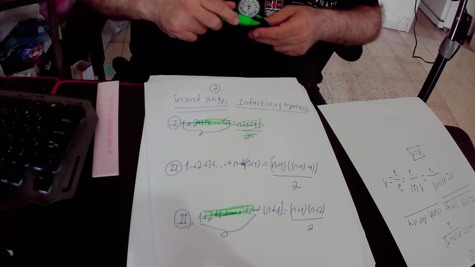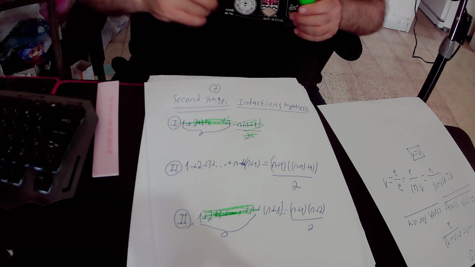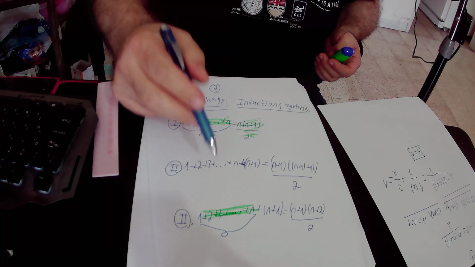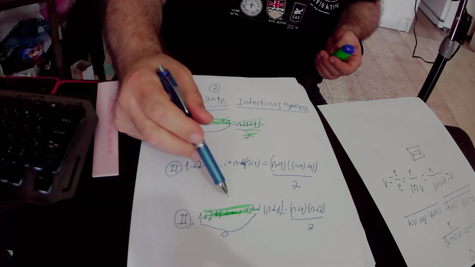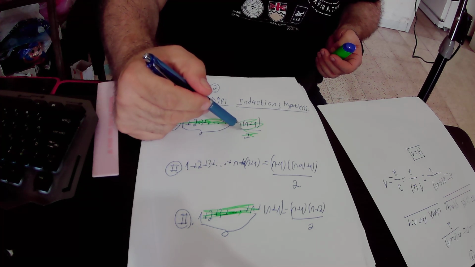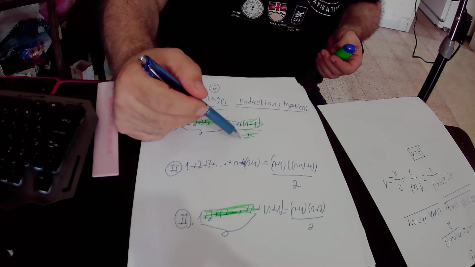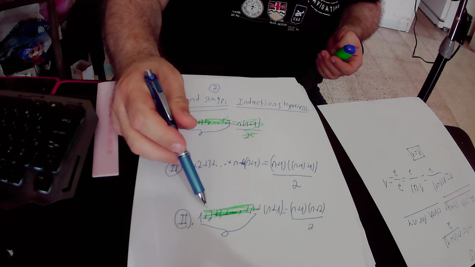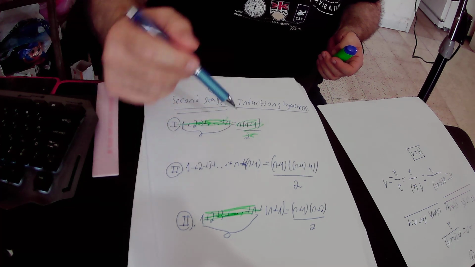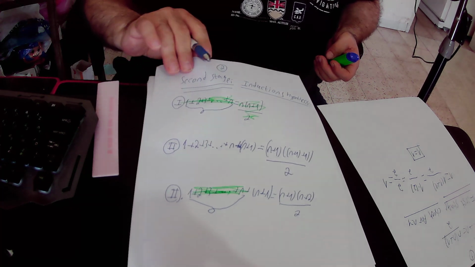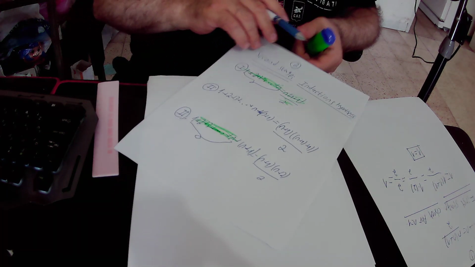So we can say that this expression that equals this expression also equals this expression. Okay, so we can substitute this expression by n times n plus 1 divided by 2. Okay, so we will do it now.